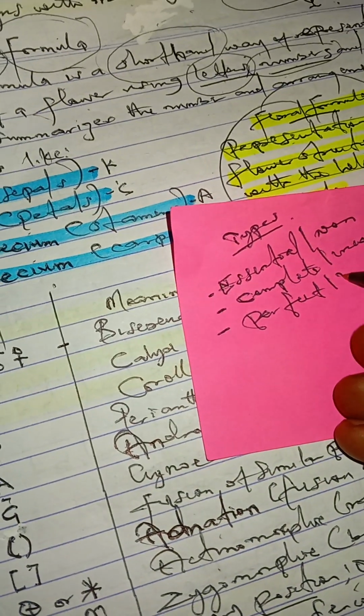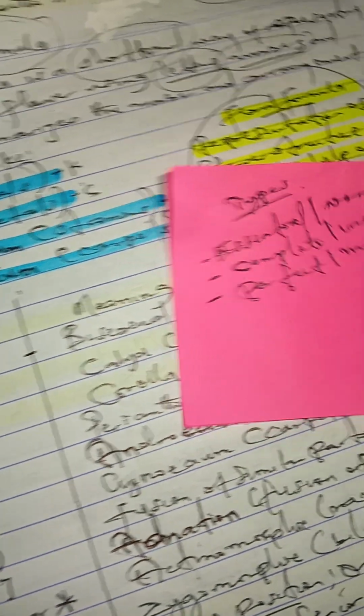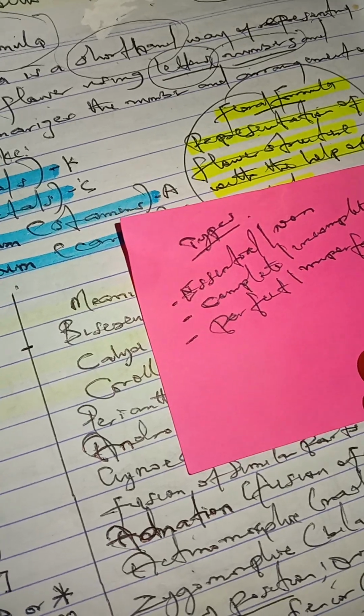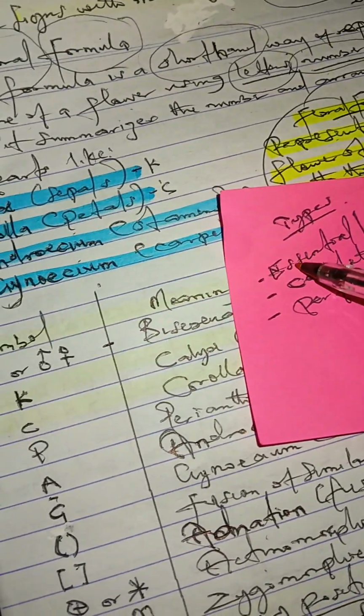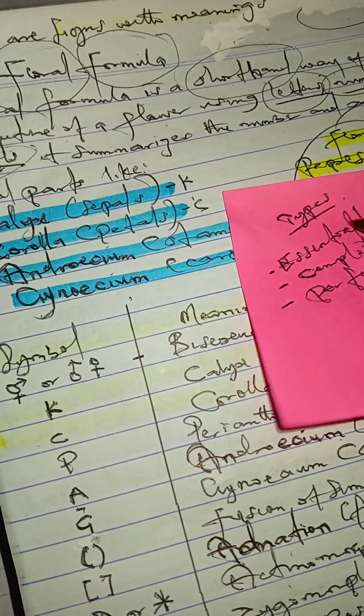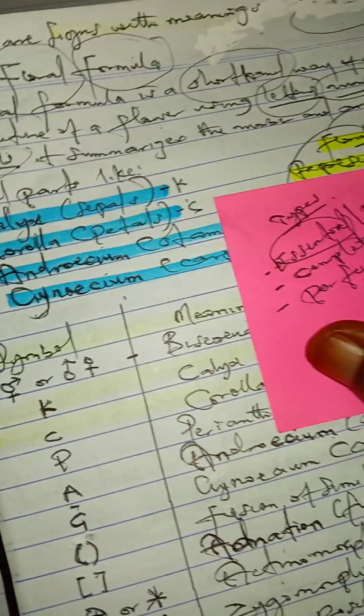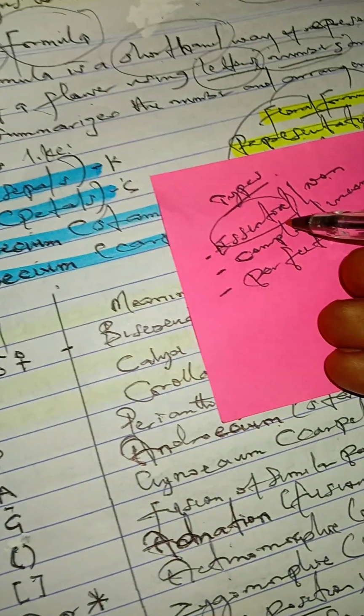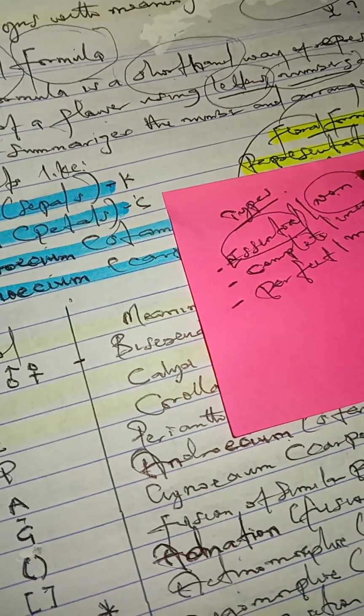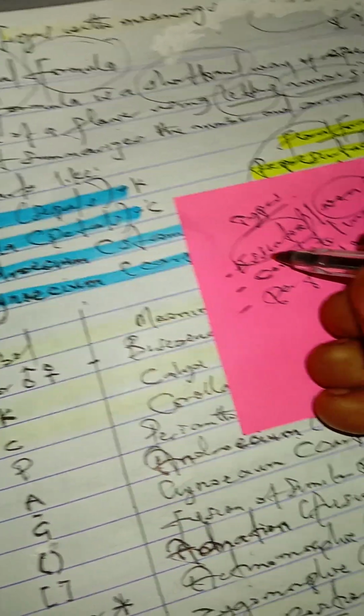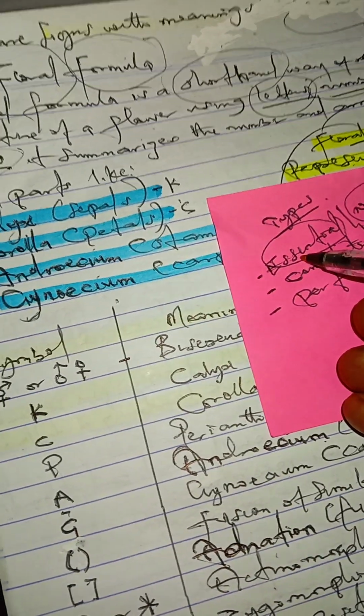We also have the imperfect. So we have essential, non-essential. Essential here deals with the part of a flower that's used for reproduction. Non-essential talks about the parts that are not used for reproduction. Not necessarily according to the word important. Essential just means reproduction.